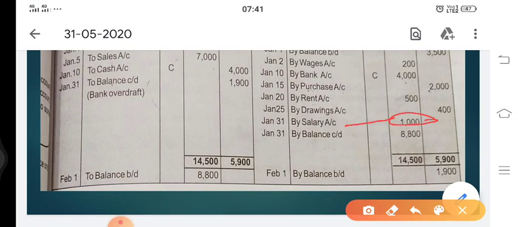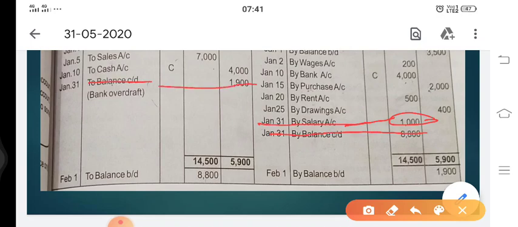If you look in the form of journal entry, salaries account debit to cash account. And that's why, since cash is being credited, we have been on the credit side of the cash book and we have written by salaries account. Right, students? Balance carried down should be ignored for a while.